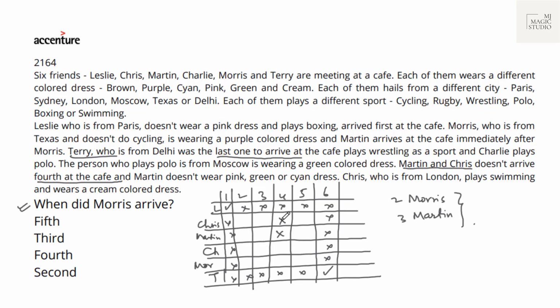Martin and Morris can't go for 3, 4, and can't go for 4, 5, and obviously they can't go for 5 and 6. That means it has to be 2 and 3. Morris arrived at second position. Option D is the pick.